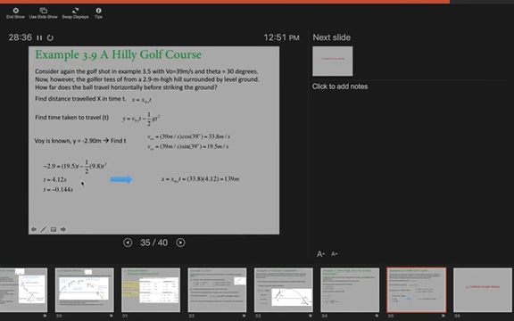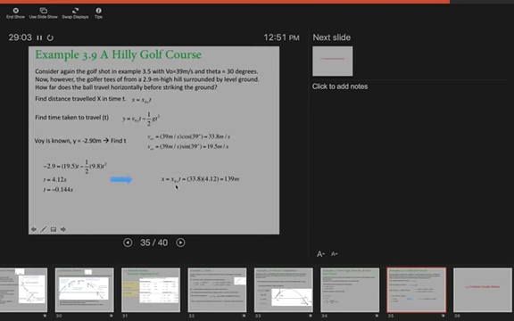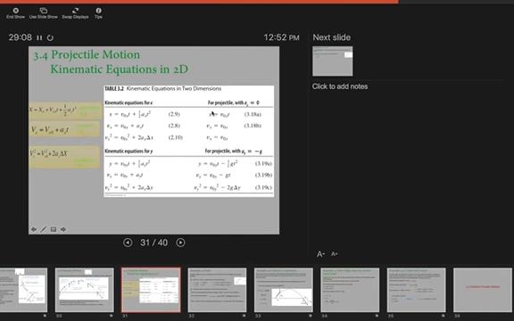Okay, so I hope this is clear. What else did he ask me? He also wants you to find the total distance traveled. So not only do you find the time it takes to get here, which came out as 4.2, he then asked me how much is the distance from here to here. This is the second part of the question. I say it's also simple, because I only have these formulas anyway. He's asking you for this x. What is this x? This x is equal to v naught x times t.